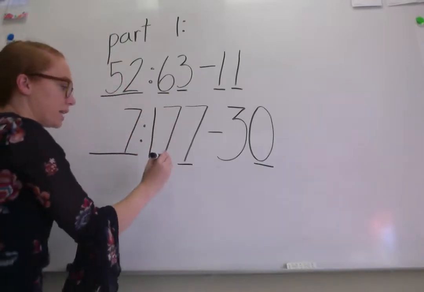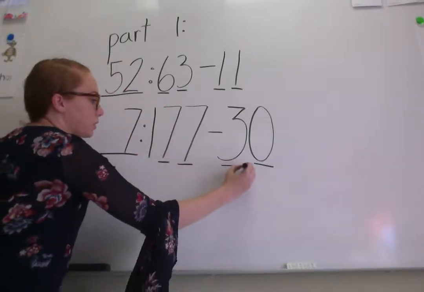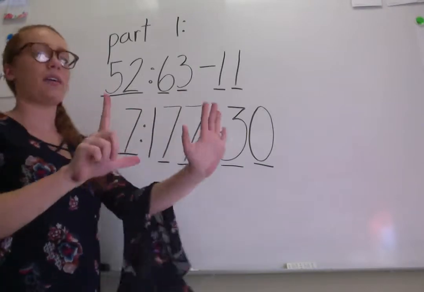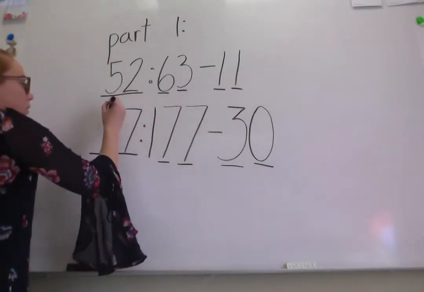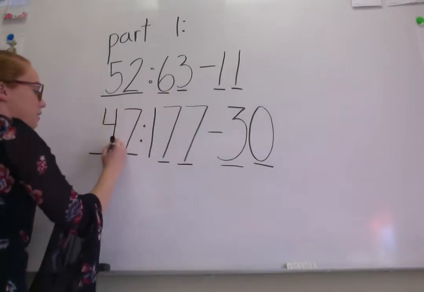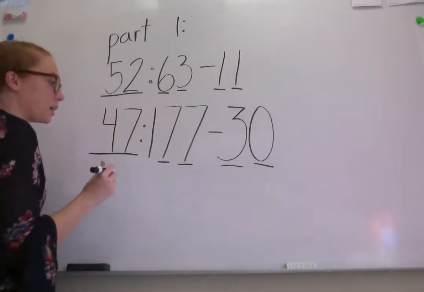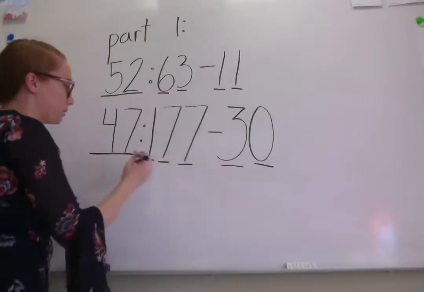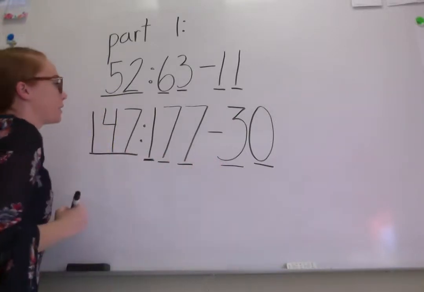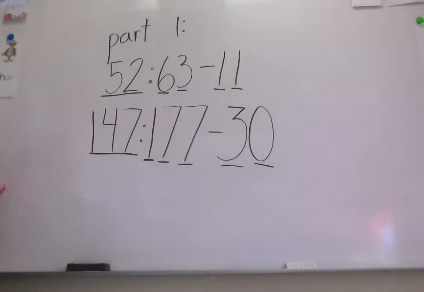Now our tens place. 7 minus 3. If we have 7 and we minus 3, we have 4. We would have a 4 in our 10 spot. Now we minus our hundreds. 1 minus nothing is still 1. So our answer is 147.